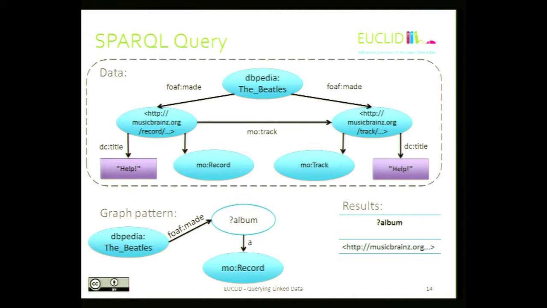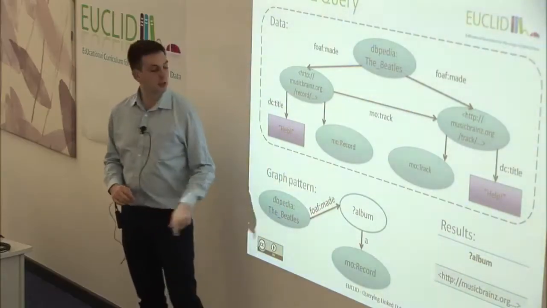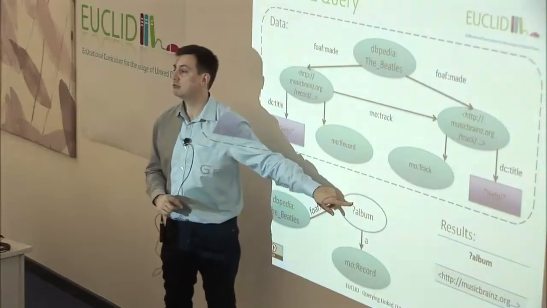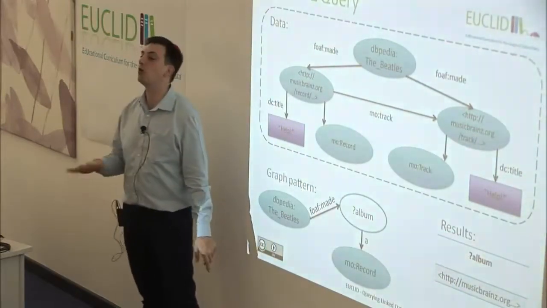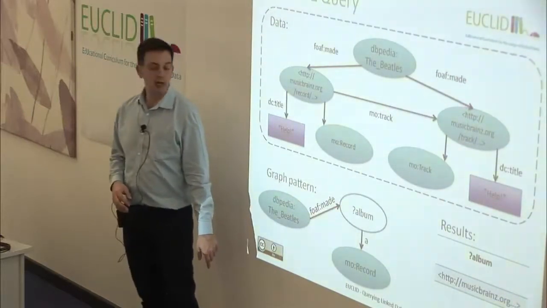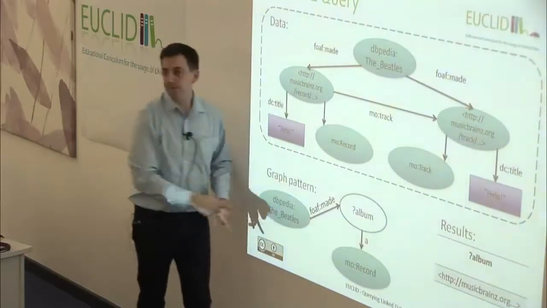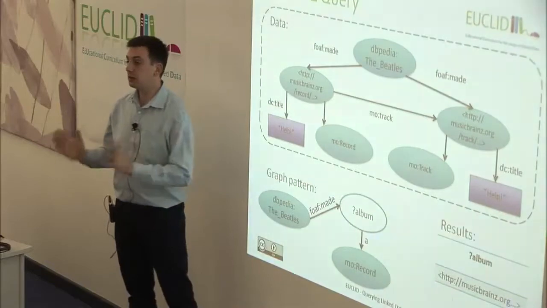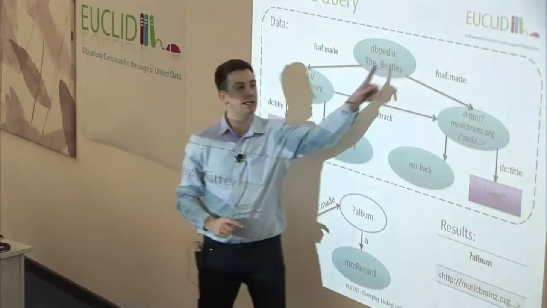So we could equally extend our pattern that just said the Beatles made the album to say the Beatles made this resource, and this resource is in the class of records, which are one view of what album means across MusicBrainz. Okay? If we didn't have this pattern, then this first pattern that we had, the Beatles made a resource, could match both here and here.